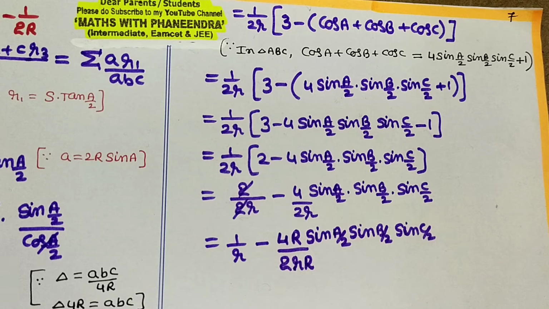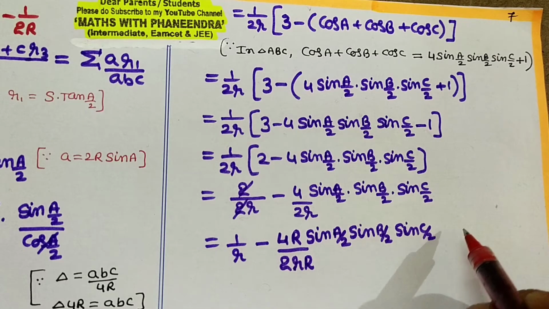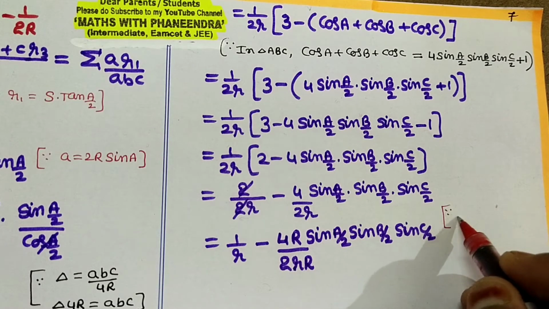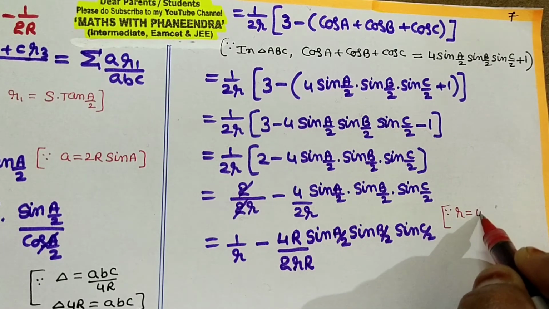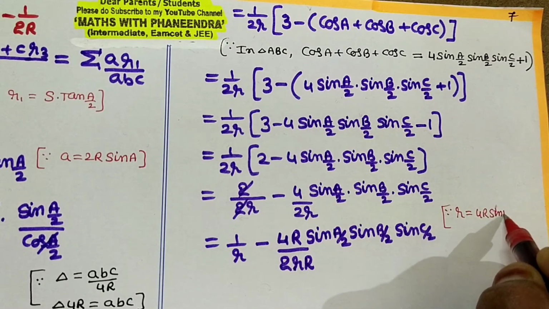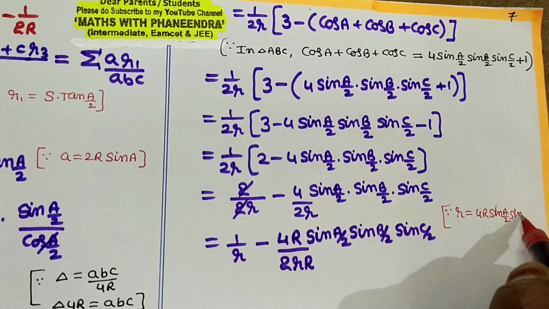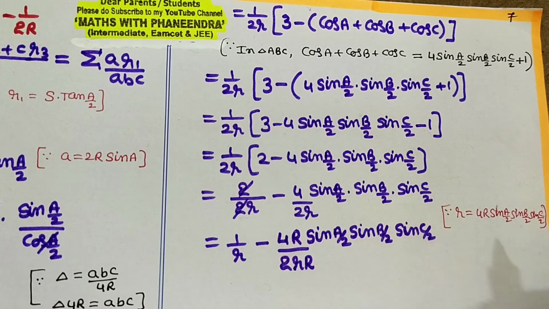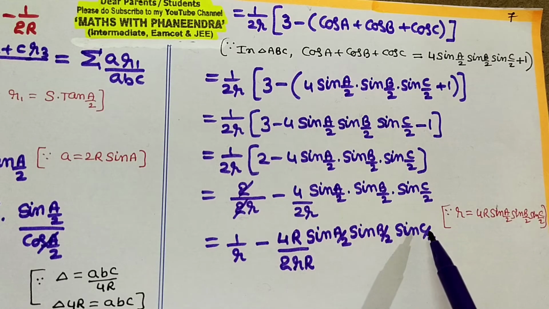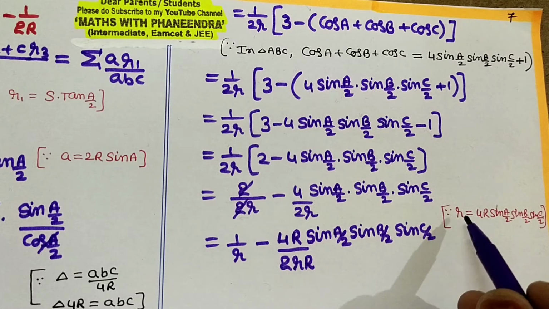We know that small r equal to 4R sin A by 2, sin B by 2, sin C by 2. We need to remember this formula. So in place of 4R sin A by 2, sin B by 2, sin C by 2, you have to write small r.